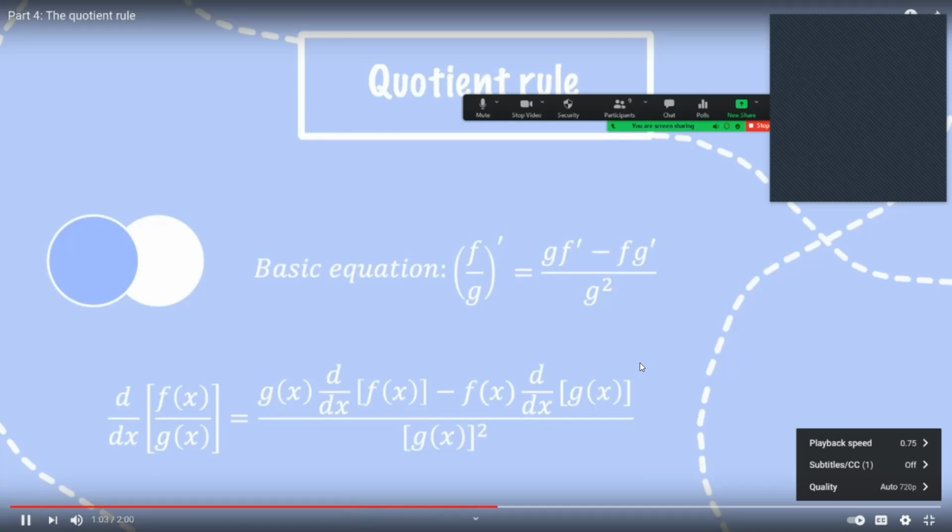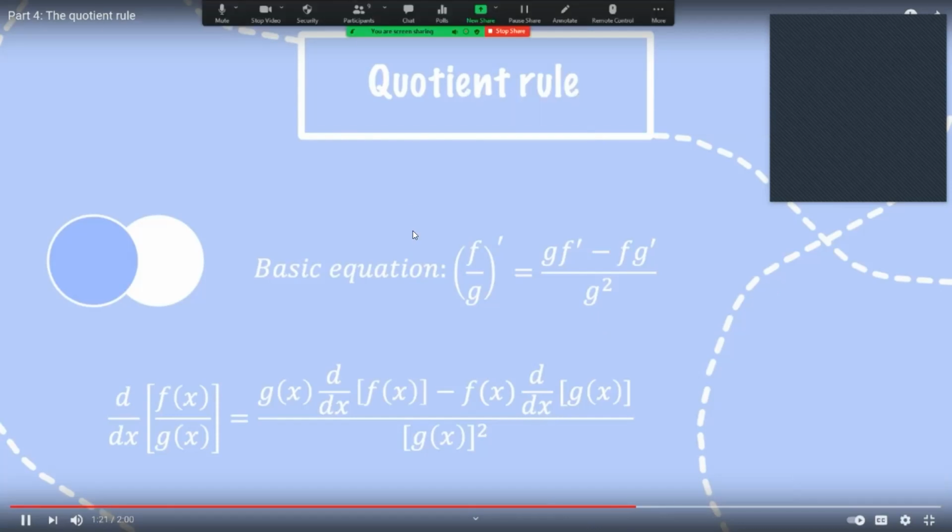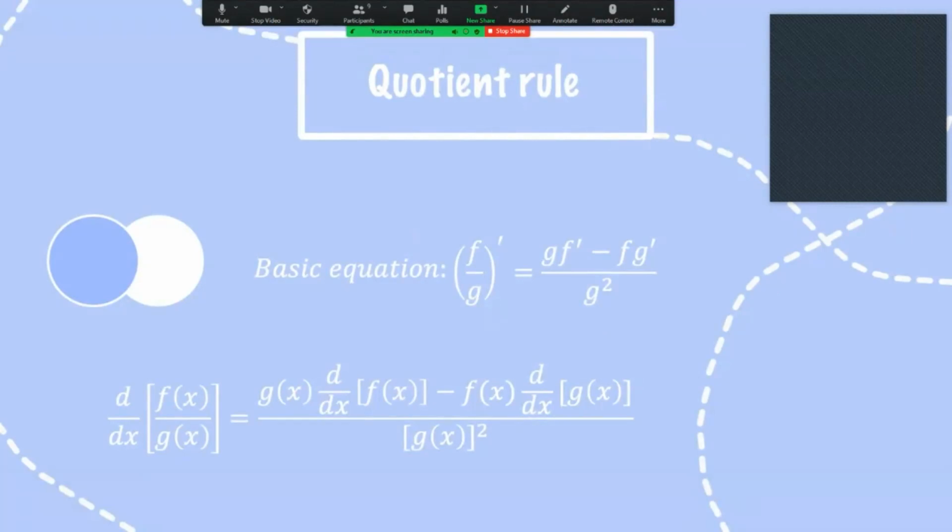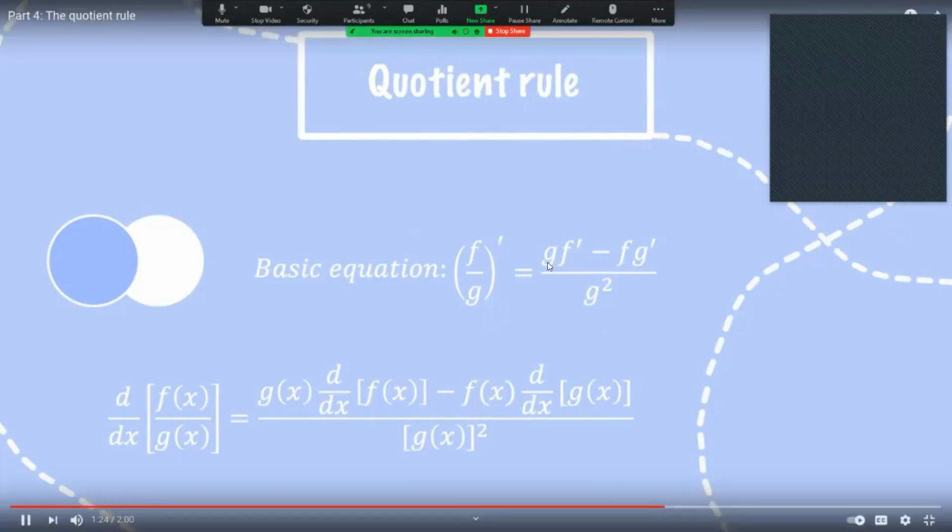The little phrase is "low d high," so low as g, and d referring to the derivative, so g times the derivative of f, minus "high d low." What's below? I don't know. That's what it is.